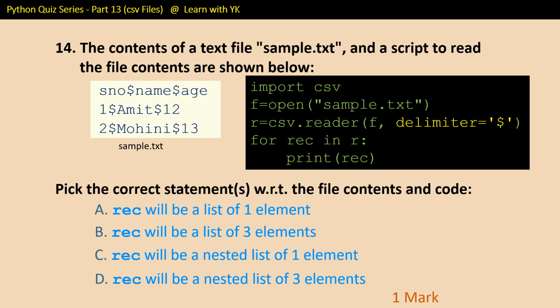Question number 14. The contents of a text file sample.txt and a script to read the file contents are shown below. Now in these questions, question number 12, 13, 14, you must have observed that we are reading a text file as a CSV file. Now see the contents and the code and pick the correct statement with reference to the contents and the code.